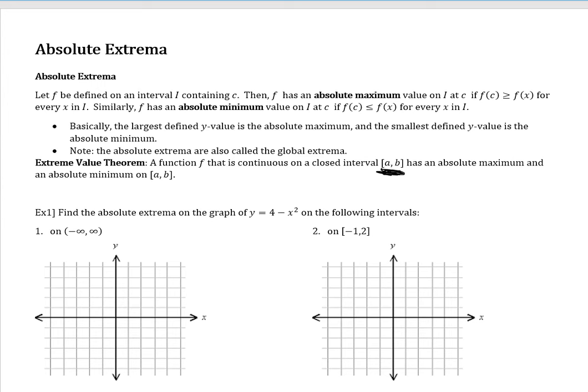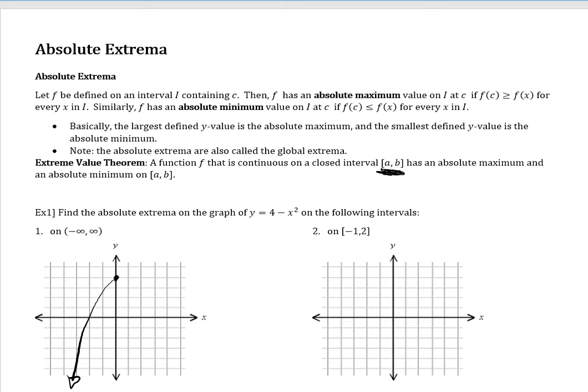All right, so let's show different cases here with the same graph, just on different intervals. In number one, it wants us to graph this function, y equals 4 minus x squared, on the interval where it's saying no restriction, so on its entire domain. To quickly graph this, it would be up 4 is where the vertex would be, and then after that, it would be a parabola that goes downward.